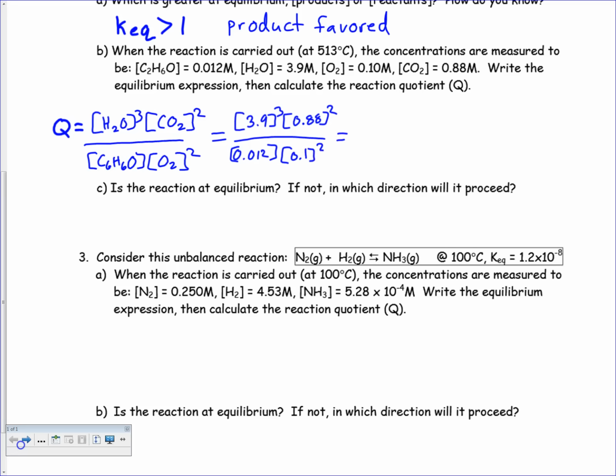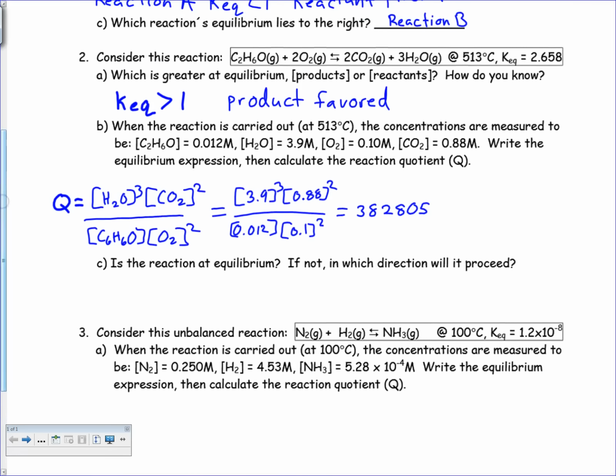Go through and calculate that. You should get something like 382,805. All right, and if we compare this to the Keq up above, the Keq is 2.658.